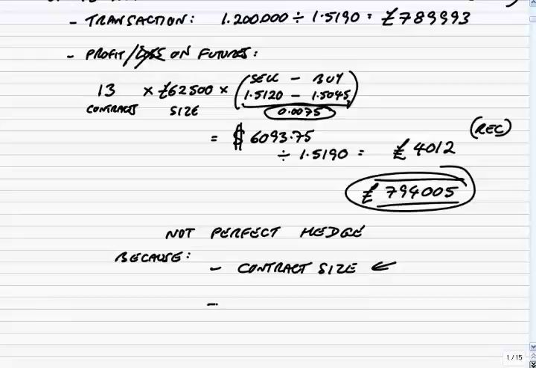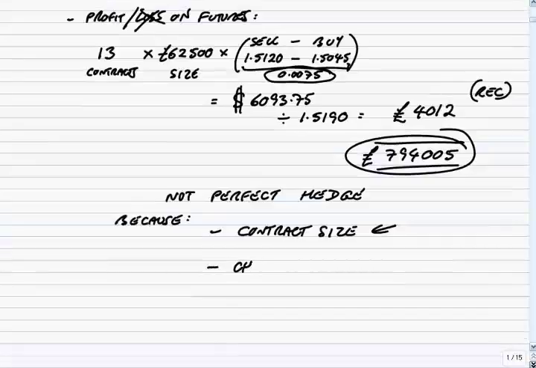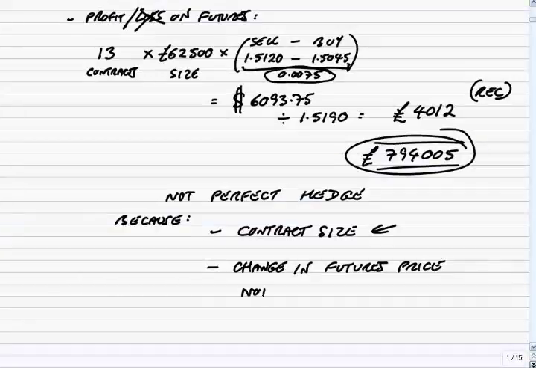The other problem, though, rather more important, is even if we had been able to deal exactly 1.2 million, the other reason is, although futures prices do go up and down as spot rate goes up and down, the change in the two is not the same. That the change in the futures price is not equal to the change in the spot rate.